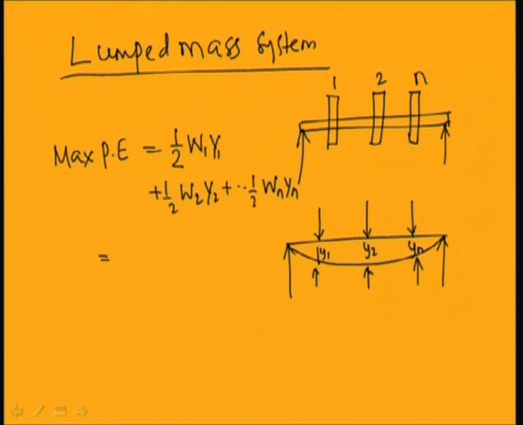So, this can be written as g by 2 into summation m into y, where y is y max. This is the maximum potential energy.